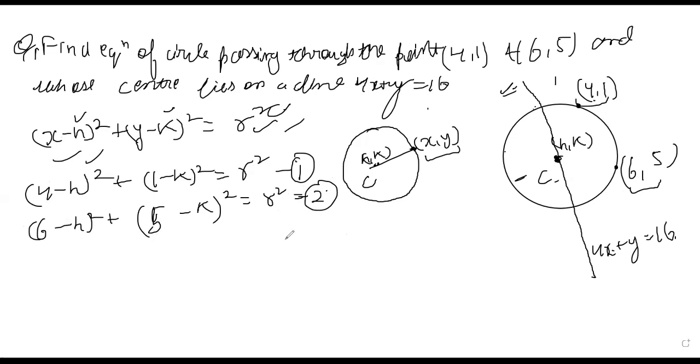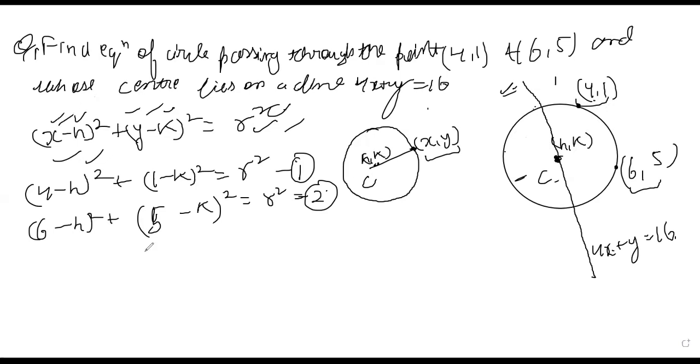So understood why we are putting the values 4 comma 1 and 6 comma 5 in this question? Yes. Because it is lying on the circle, so that is why it will satisfy the equation of circle also. Okay, any point which is lying on a circle will definitely satisfy this equation.